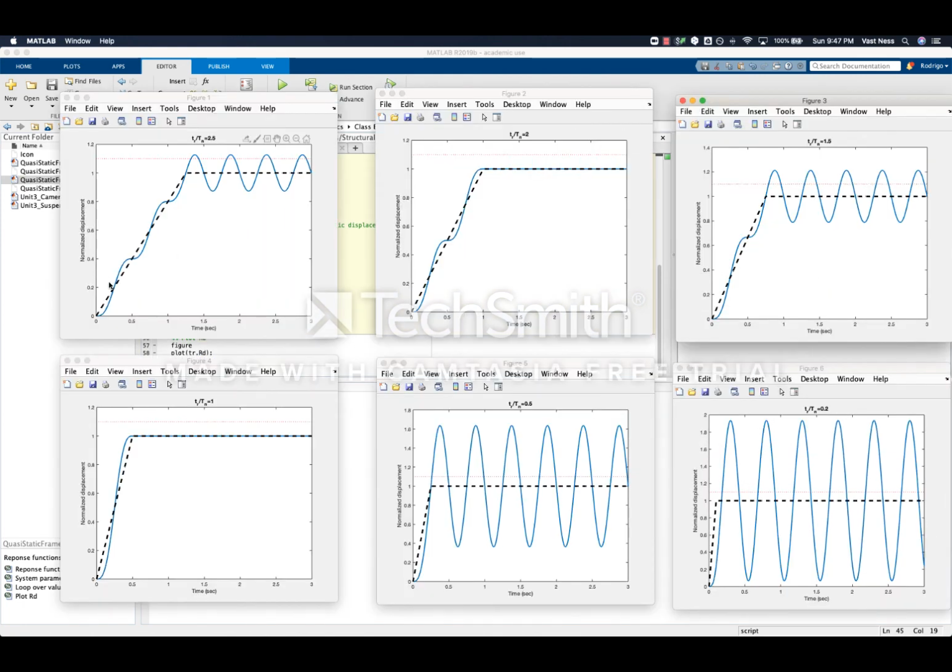So looking at these 6 figures, we start with the longest rise time on the left and go all the way to the shortest rise time on the right. We see that for a slow rise time, a long rise time, the oscillations are close to the limit, but they do exceed it.